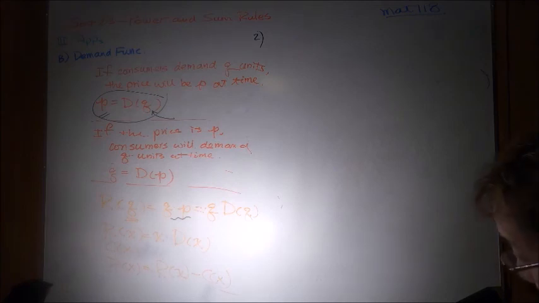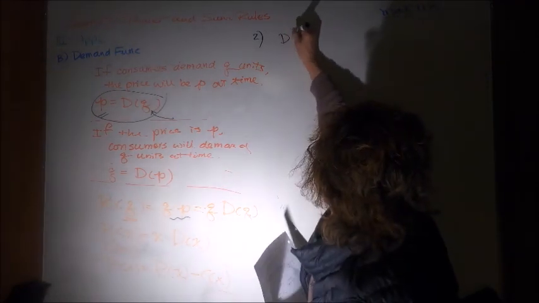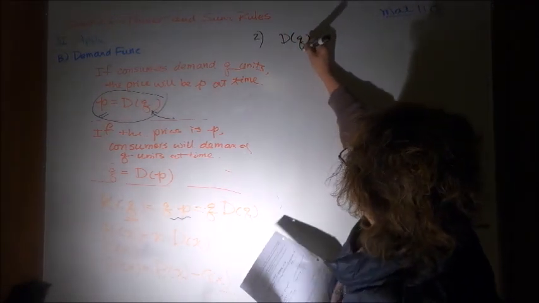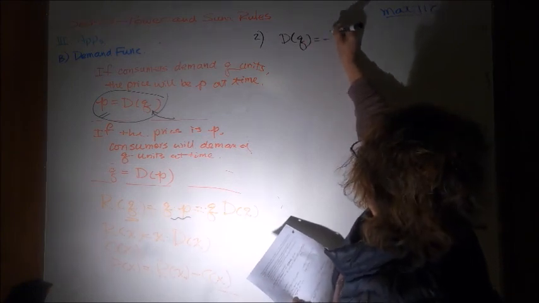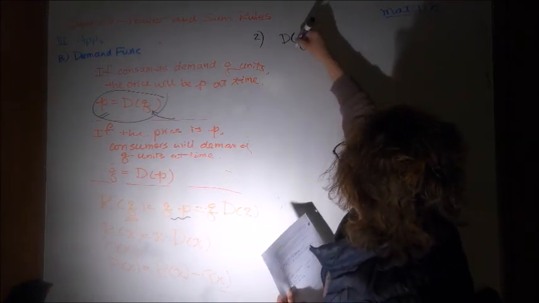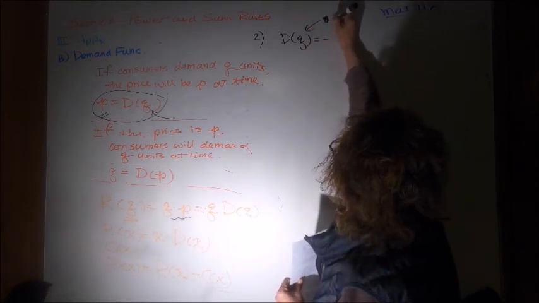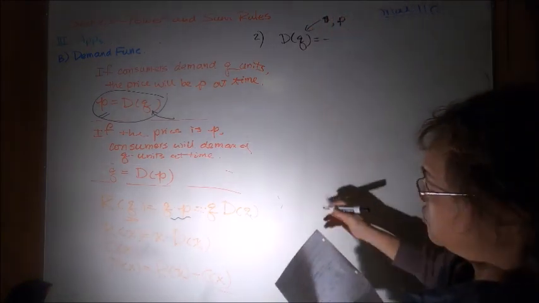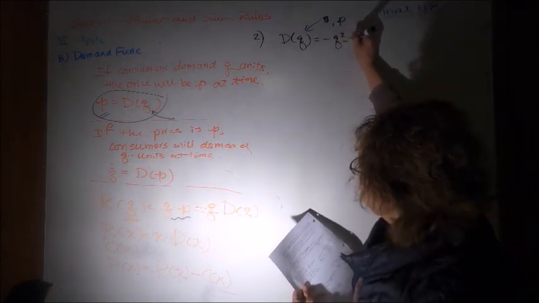It says, suppose your demand function is given by, okay, your demand function, if you sell so many quantity, then the price, demand function of Q, that would be your dollar, that would be your price, right? Is given this way.